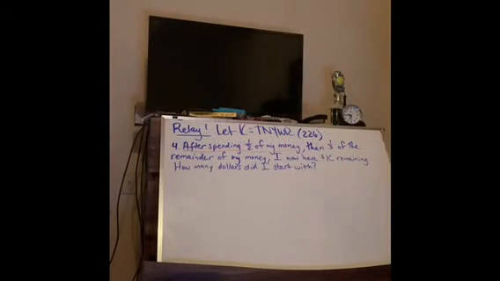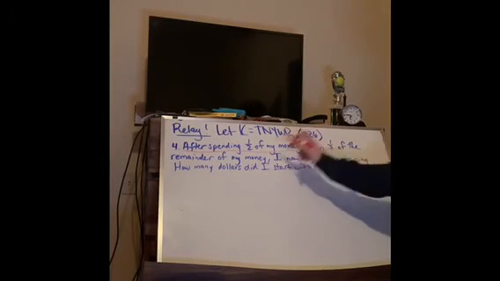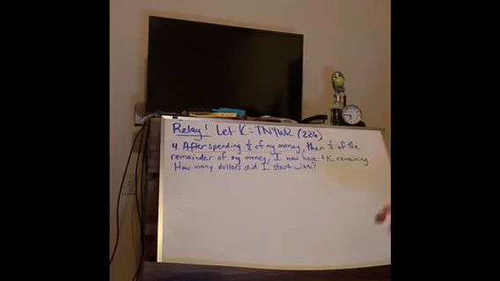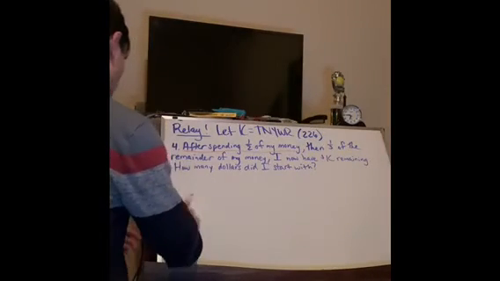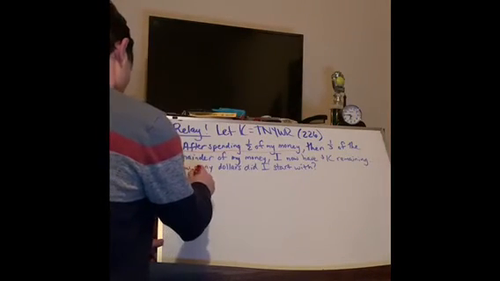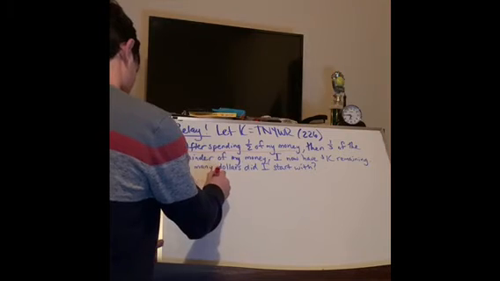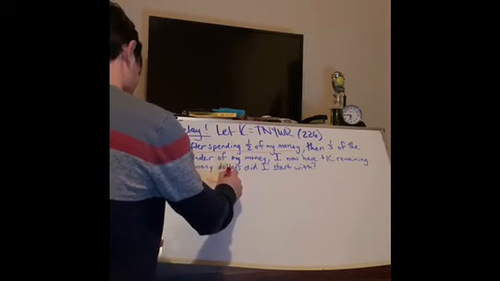Alright, last problem. So let k equal a number you will receive, which we found from the last problem, to be 226. So after spending 1/2 of my money, then 1/3 of the remainder of my money, I now have k dollars remaining. So how many dollars did I start with? So I underlined 1/2 of my money that was already spent. So let's let x be the money that I started with.